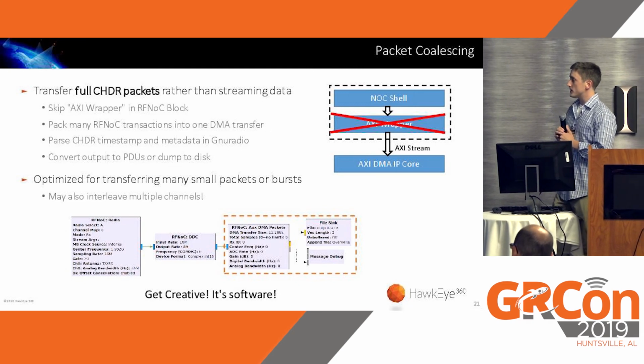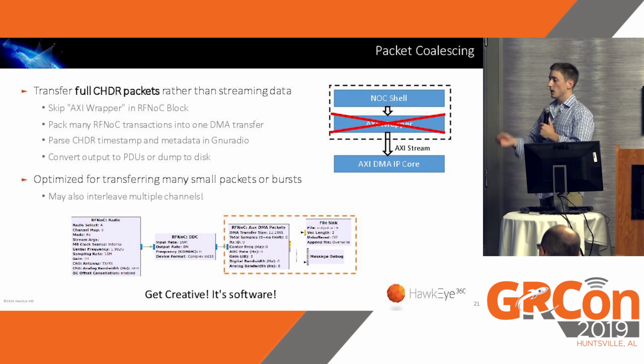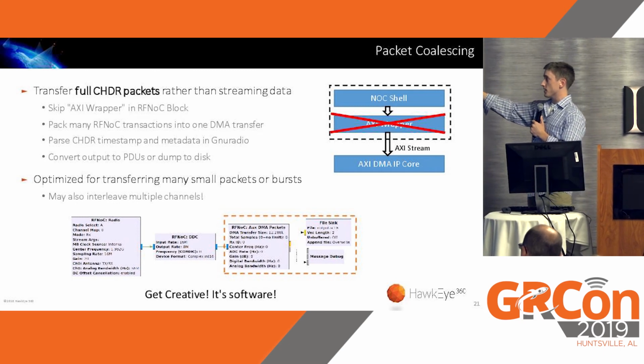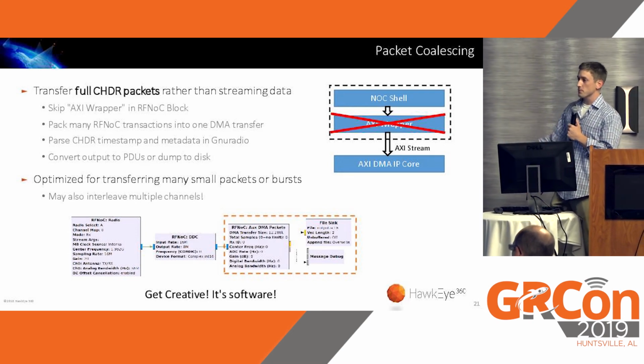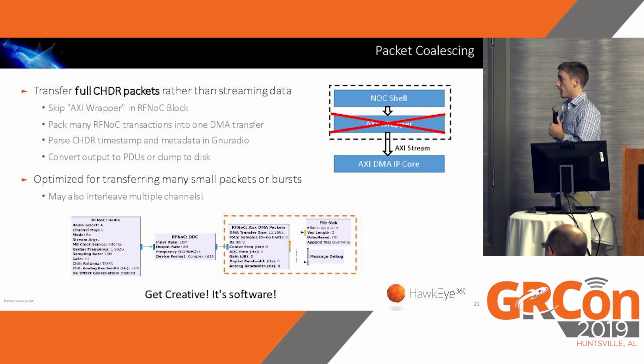But what we did here was we reworked some of the FPGA to just coalesce these packets, and so you can see the diagram of the RFNoC block, which used to have a NoC shell and an AXI wrapper that pulls the information off of that. We actually just X'd out the AXI wrapper, so it comes straight from the shell, and we take the entire packet and push it into the AXI DMA IP core, and then that goes into GNU Radio.